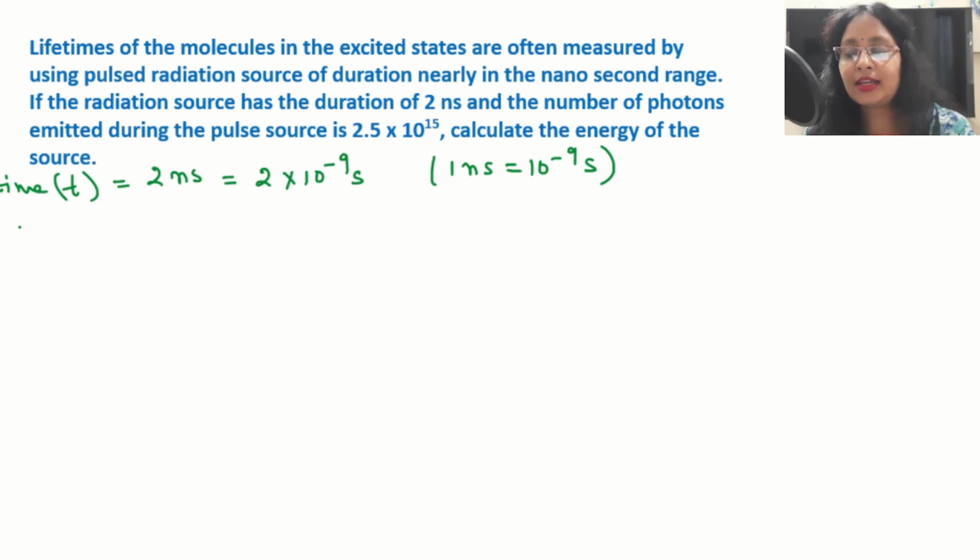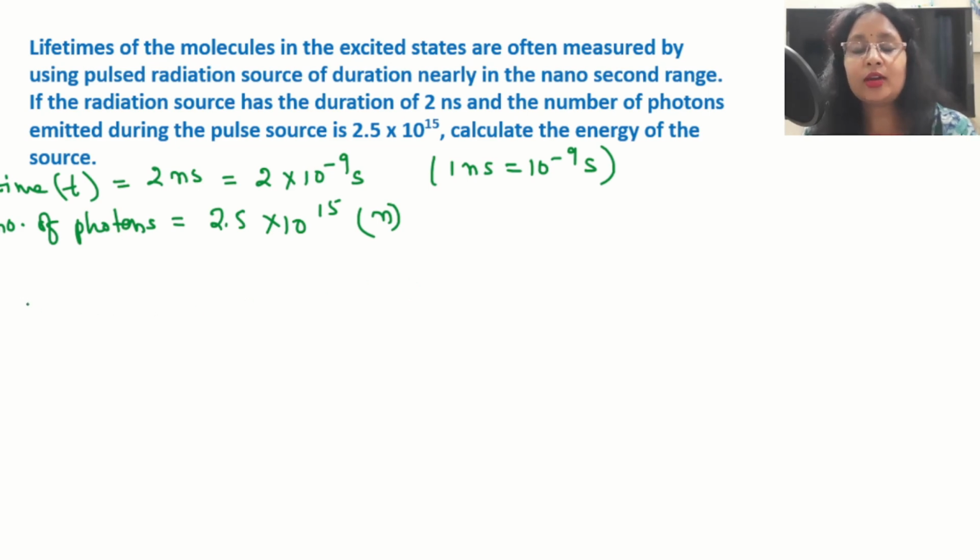Now next thing is given number of photons. It is 2.5 into 10 to the power 15. Number of photons is denoted by n. We'll denote it here with the small n.